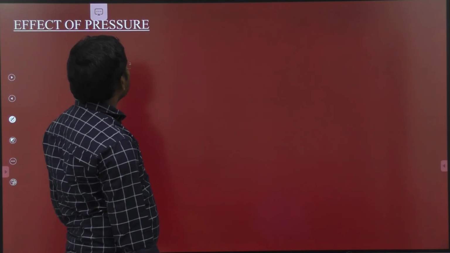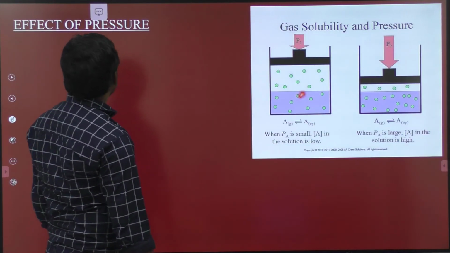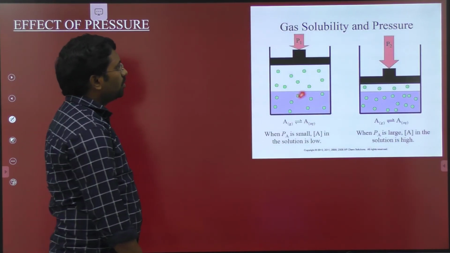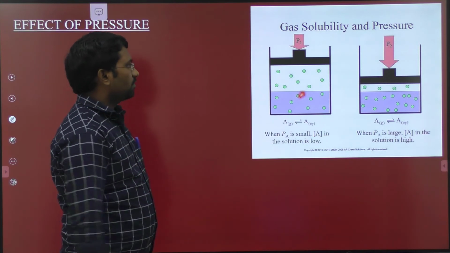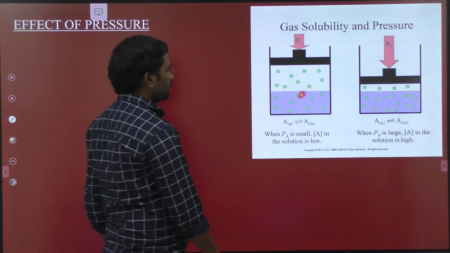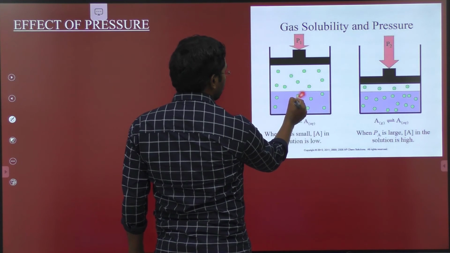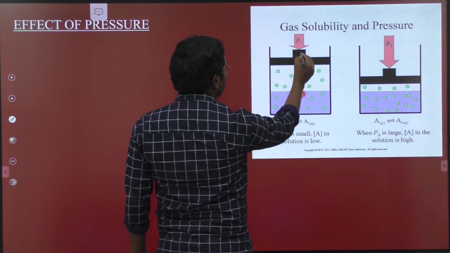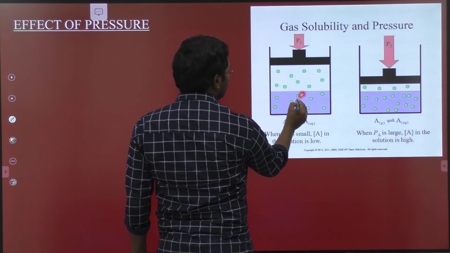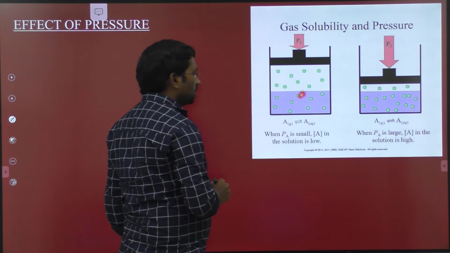And the next factor is the effect of pressure. So what is the effect of pressure on the solubility of gases in liquids? Look at the figure image. This is the gaseous part and this is the liquid solution; the blue color indicates liquid.